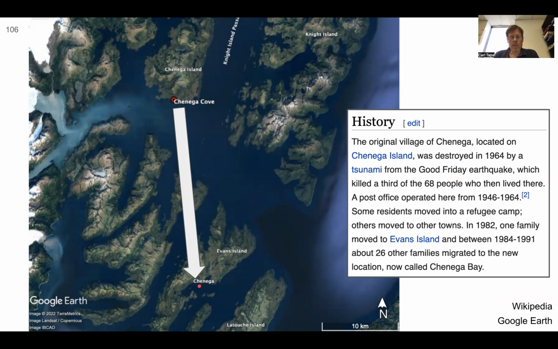And this is the modern community of Chenega, moved by some 40 kilometers or so. And this gives in Wikipedia just a brief history of that. And really one family moving there, and in the 80s, 26 other families migrating to this new location known as Chenega Bay.